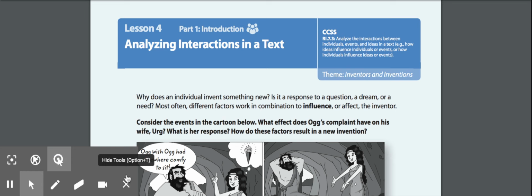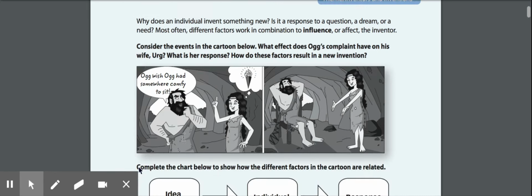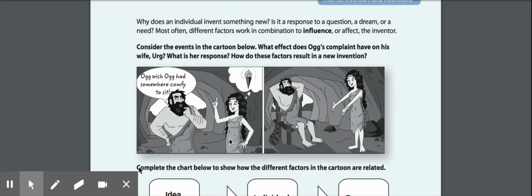Why does an individual invent something new? Is it a response to a question, a dream, or a need? Most often, different factors work and contribute to influence or affect the inventor. So let's go ahead and look at this picture.